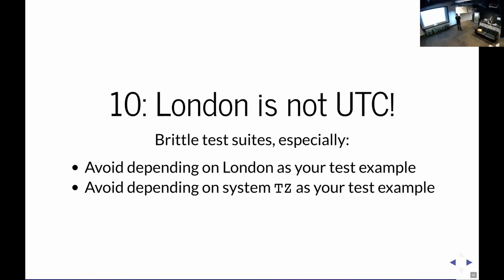So especially when you're writing your tests, it's good to be aware of this and not use either your local time, which could be misleading to you that everything seems correct until it actually changes time zones when it's running in production, or using also London as an example, or UTC. So that's it. That's my 10 things about time.